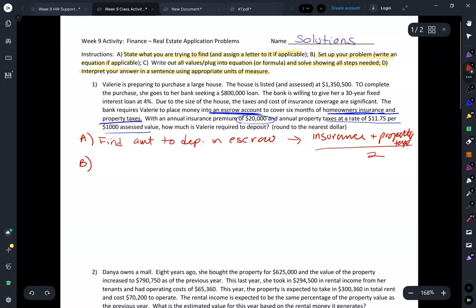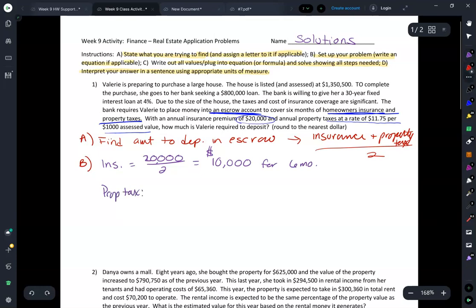So for the insurance, that one's quick. That's just going to be the $20,000 divided by 2, which would be $10,000 for 6 months. But the property tax is a little more involved to figure out.